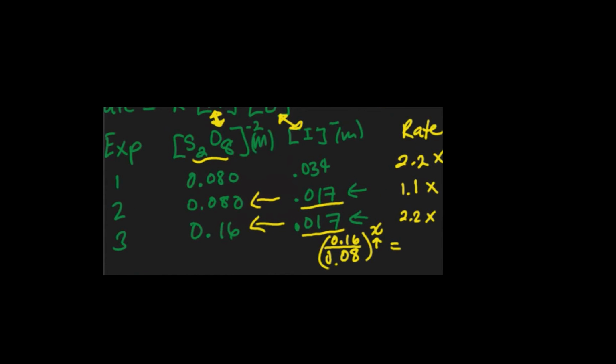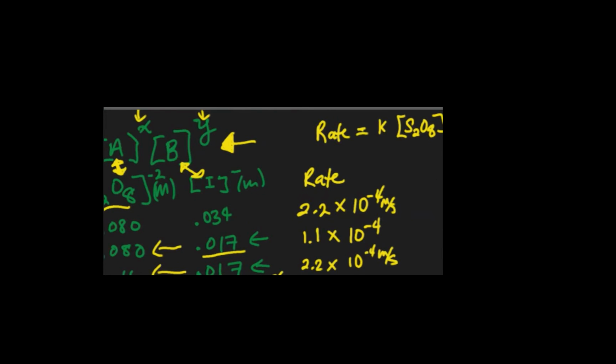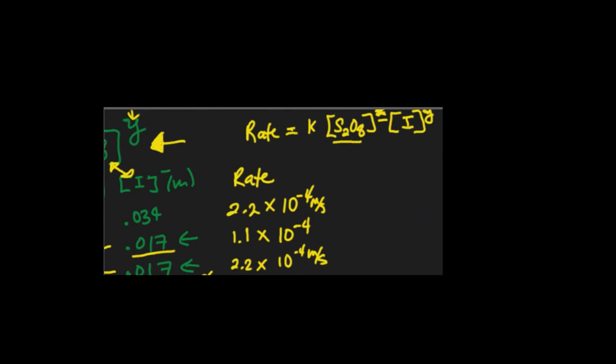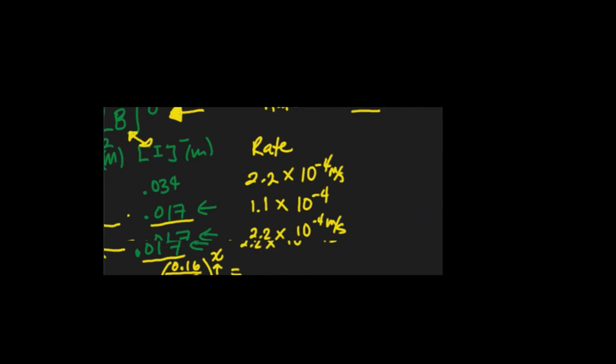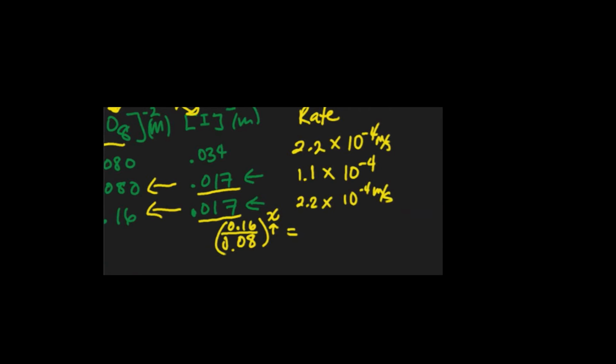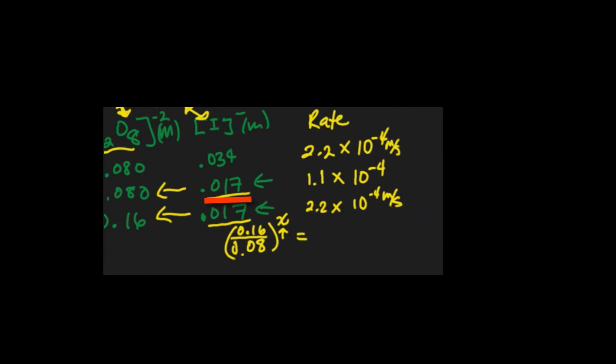So I looked in, and when I'm finding X, I look in the B column for where it's constant. It was in 2 and 3, so I did a ratio of 2 and 3 from A. One more time. I'm looking for X, which is the exponent of the A column, the first column.